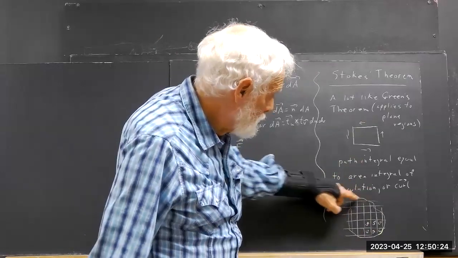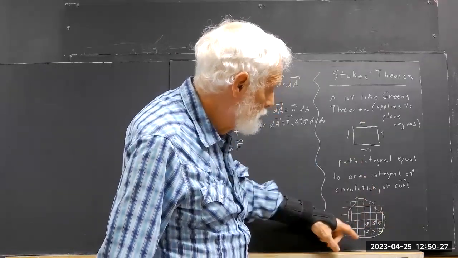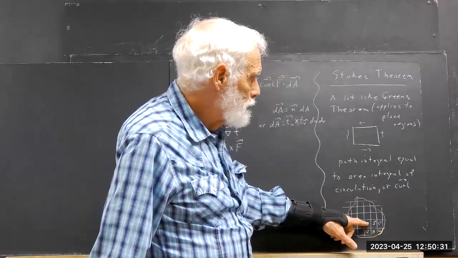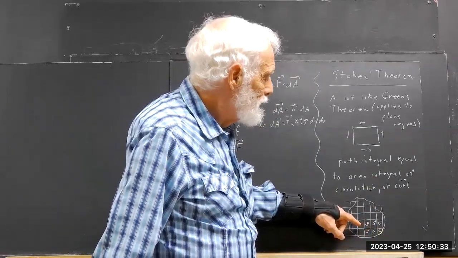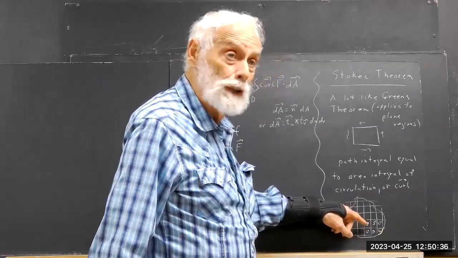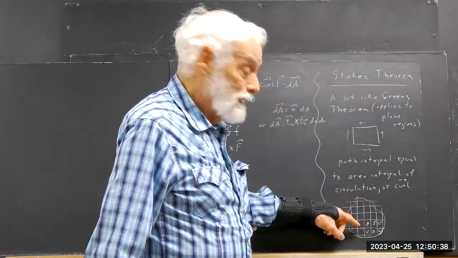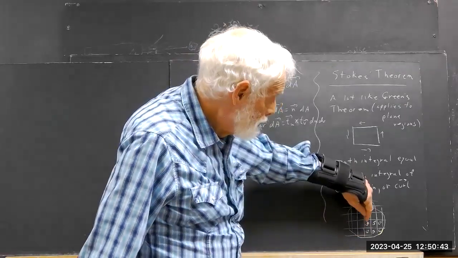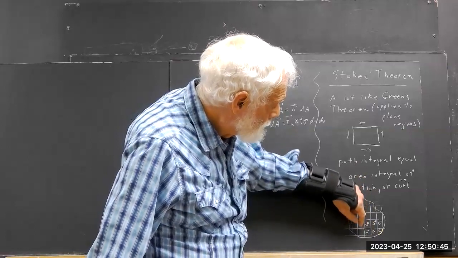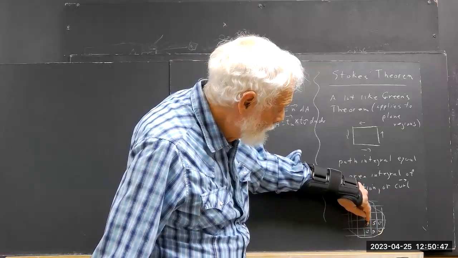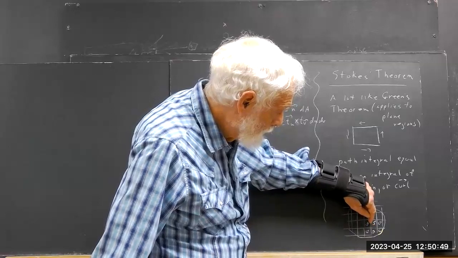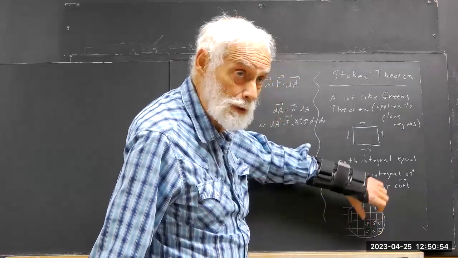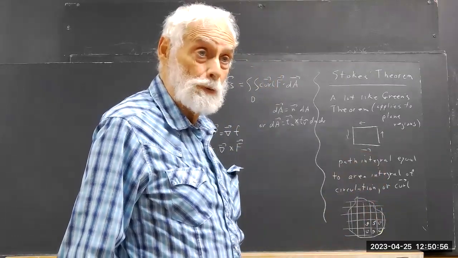And if this is the region, you can break it up into small regions, as we did before. Every interior region has a net circulation that's zero, because for each region, circulation measured in this direction on this boundary side is equal and opposite to the circulation measured on the neighboring boundary, since the two boundaries go in opposite directions.